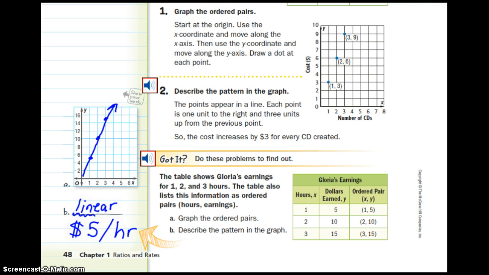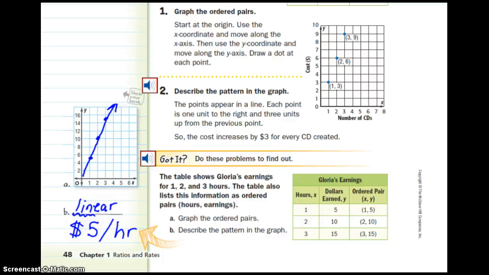Did you get what I got? When I graphed it, I got a straight line. Again, over 1, up 5. Over 2, up 10. Over 3, up 15. So I have a linear graph. And the relationship is for every $5 I earn per hour.